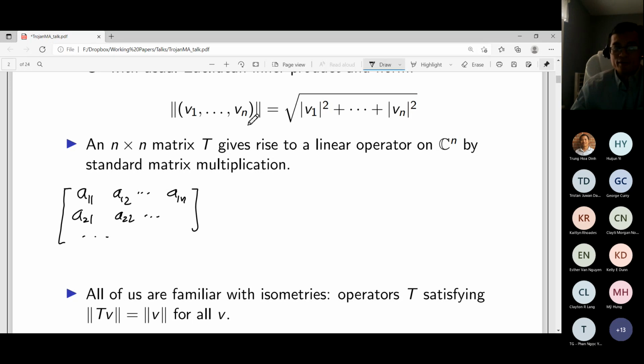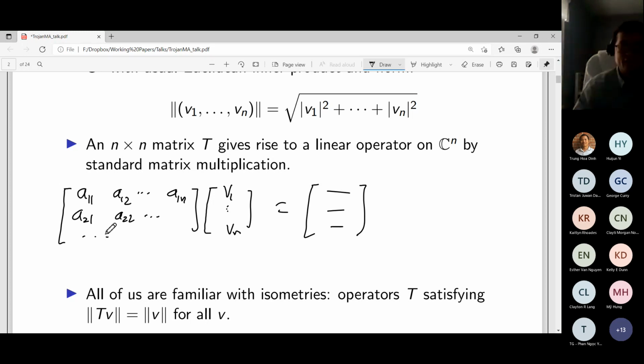For each vector v, we can associate a new vector by writing v in the column format and doing the matrix multiplication. Then we have a new vector in the column format, and we consider this as a vector in C^n. That is the standard way to define a linear operator given a matrix T like this.